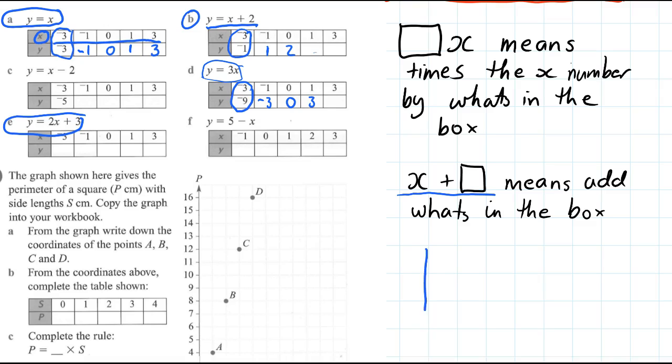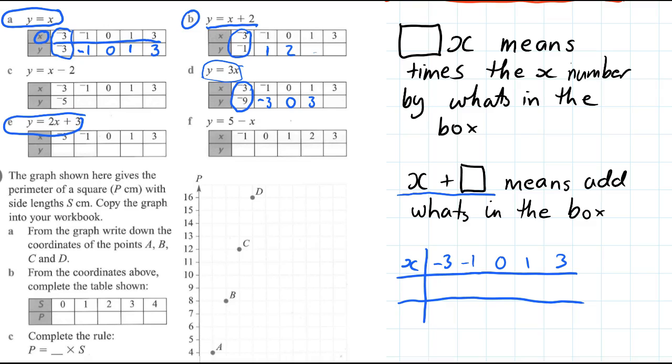So what I'd do is draw a 3-row table. Here you've got your x in your top row, and just copy the x's that they put there. So minus 3, minus 1, 0, 1, 3.